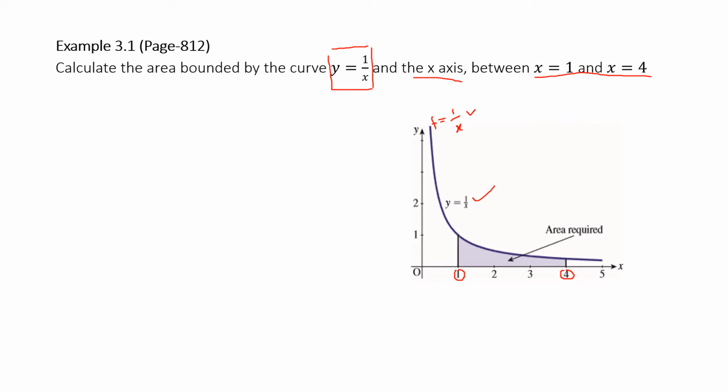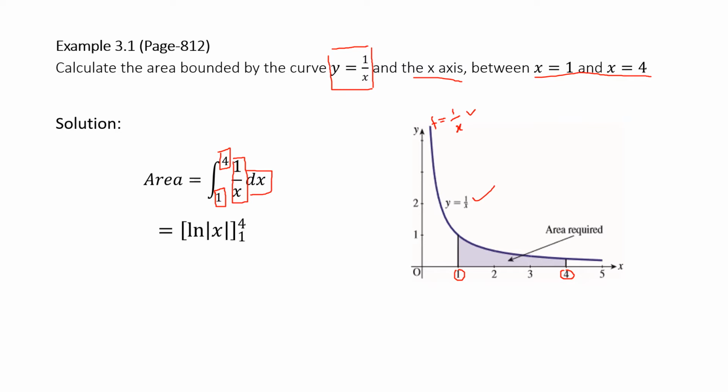So this is the integral of 1 over x from 1 to 4, an application of the definite integral. This is the lower limit, the upper limit, the curve, and dx. As I explained, dx is the small width of each rectangle.